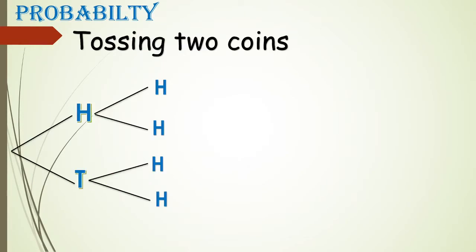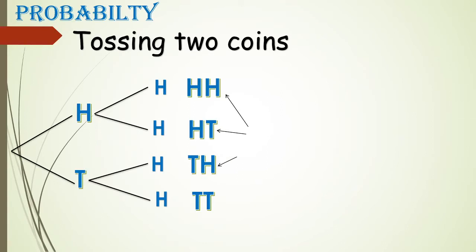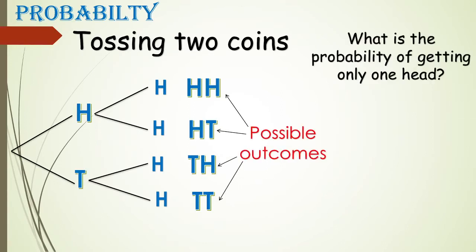Okay, let's continue. Now this time, what if we will be tossing 2 coins? So take note, these are our outcomes, HH, HT, tails and heads, tails and tails. Now this is now my question. By the way, those are the outcomes. Okay? Now, what is the probability of getting only one head?